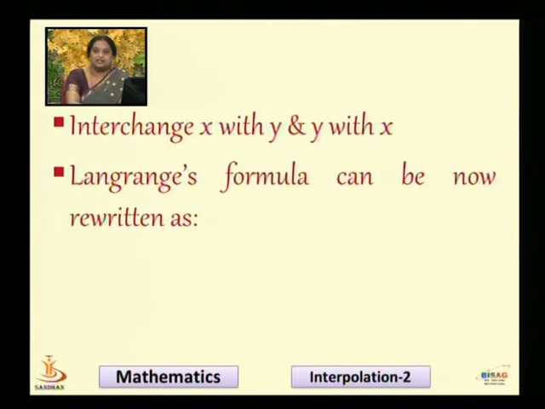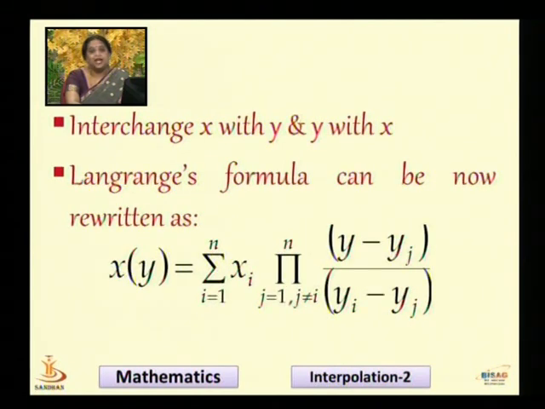Then in that case, Lagrange's formula can now be rewritten as x of y is equal to summation xi, where i is equal to 1 to n, and product of y minus yj upon yi minus yj, where j is equal to 1 to n and j is not equal to i.